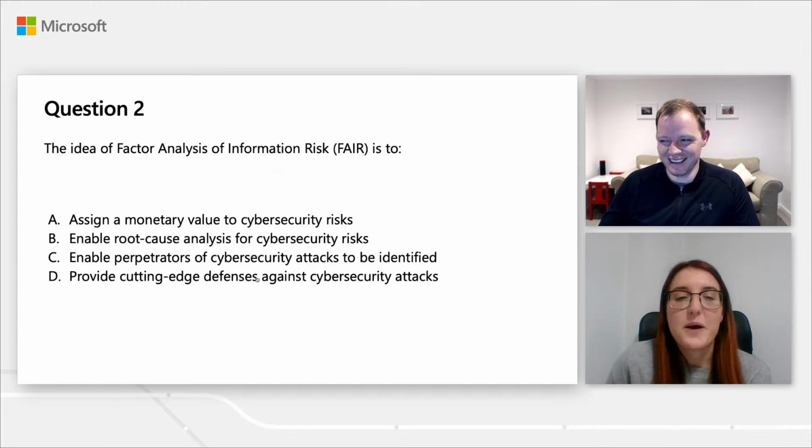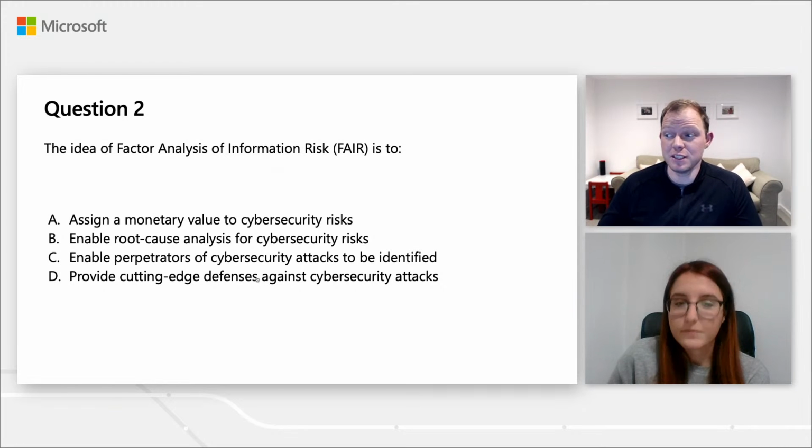Okay, so B, can you explain why it is not true? Yeah, so we should try and enable, if possible, a kind of root cause for any. But this kind of answer doesn't actually make sense now I'm reading it, Christina. We don't really do root cause analysis for risks. We would normally do root cause analysis for failures or incidents that had happened. A risk is something that might happen. An incident is something that has happened.